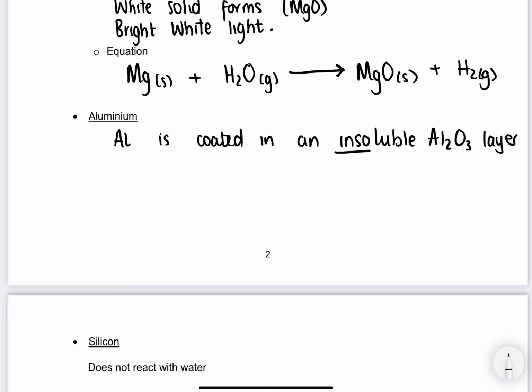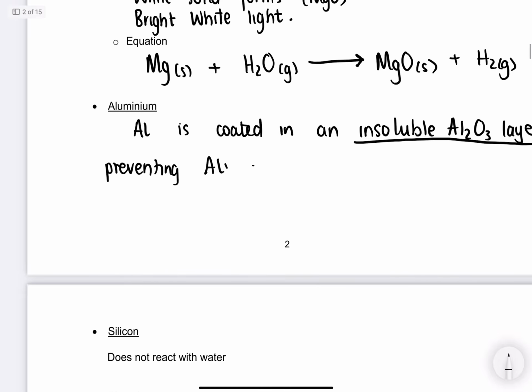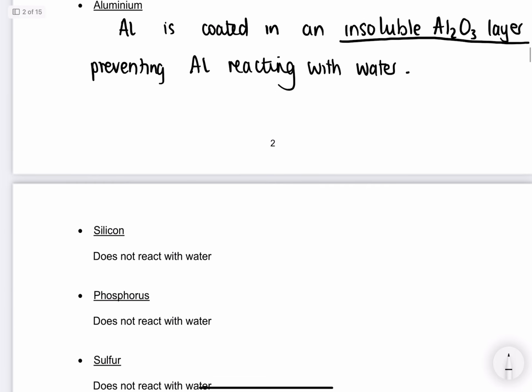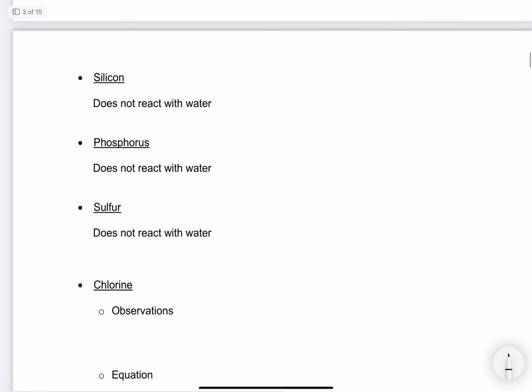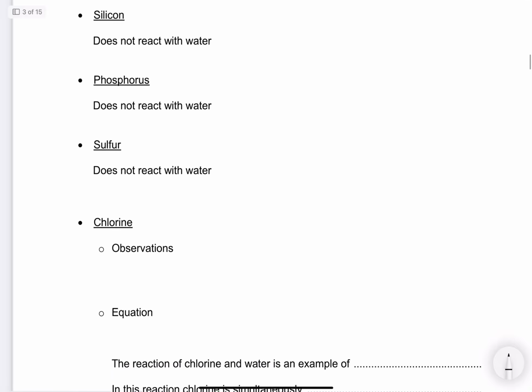And it's the fact that that layer is insoluble that stops it from reacting. Then we can see that silicon is not reacting with water. That's because it's macromolecular. Phosphorus is not reacting with water, and sulfur is not reacting with water.